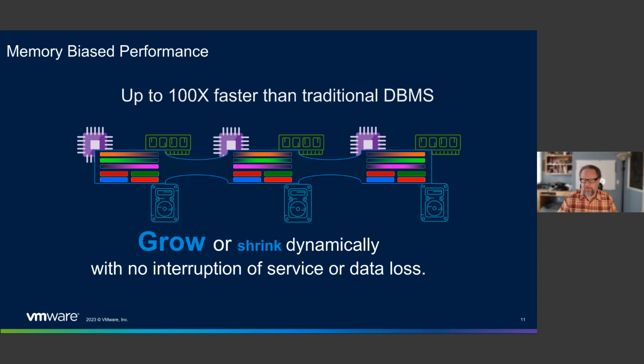And then when they need to scale up, if you think retail Christmas season, they'll be able to scale up just by throwing another node in there and having GemFire automatically bring that node into the cluster, and then the applications can start using that as additional throughput, additional storage, whatever the scale is that's needed. And again, remember, that's no interruption to service or data loss. So you can actually do it live.